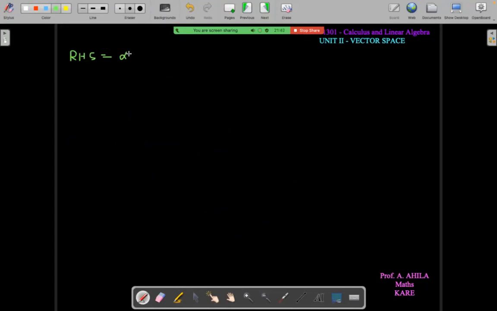So alpha into, for u we substitute (x1, x2), plus alpha into, for v we substitute (y1, y2).